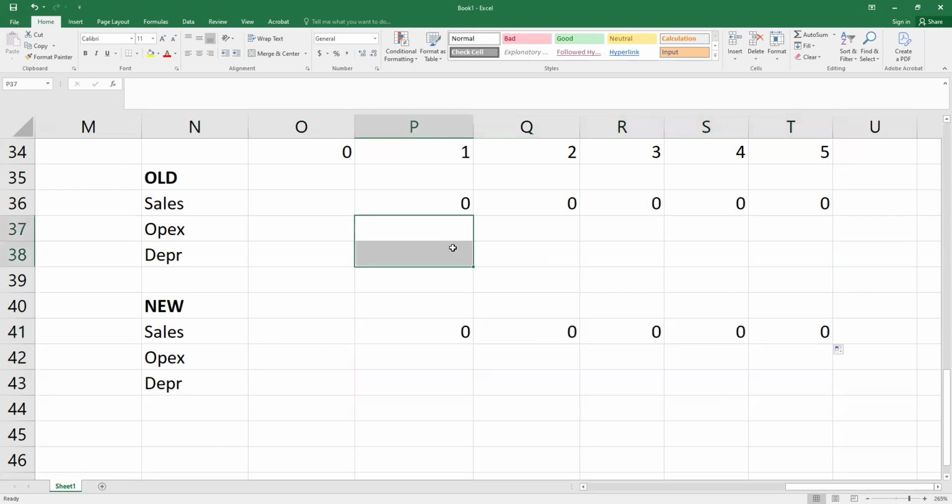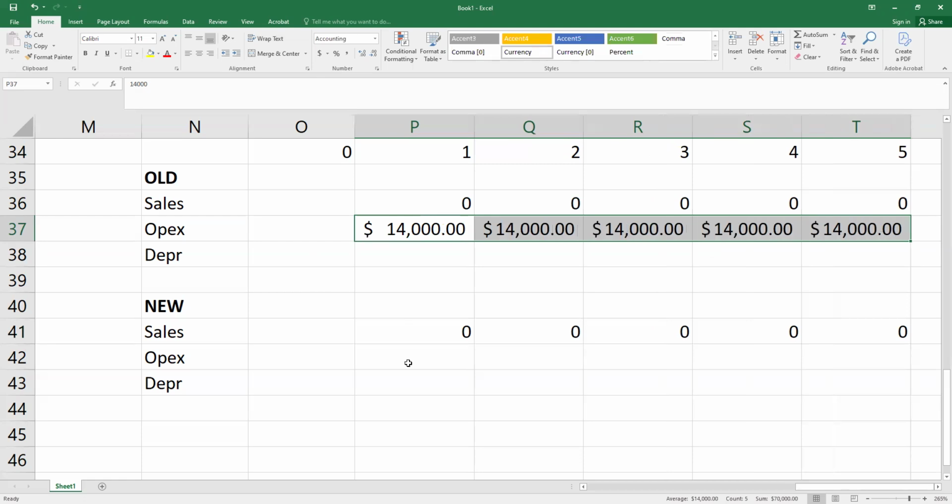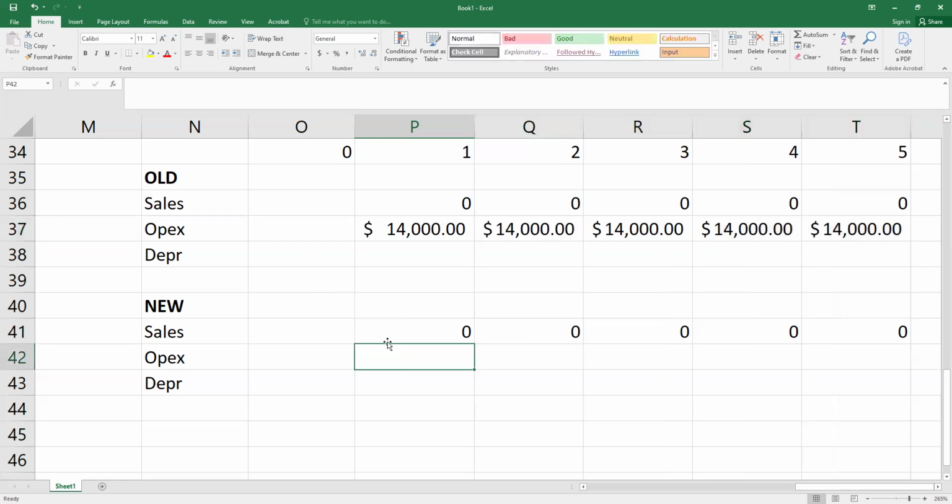Now, OpEx, old one was 14,000, yeah? And the new one, it's 8,000. That's what we know.